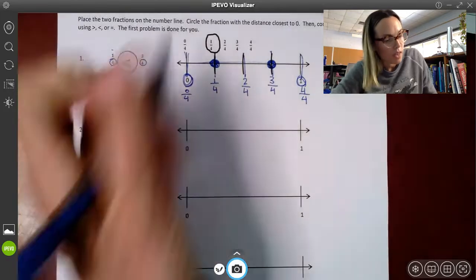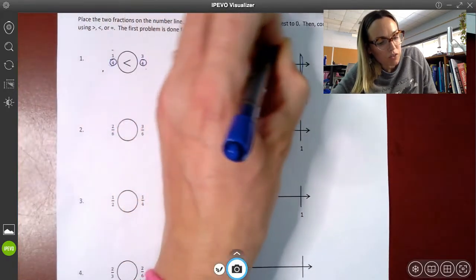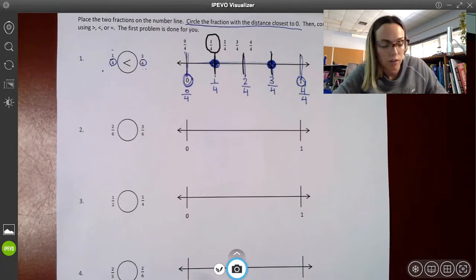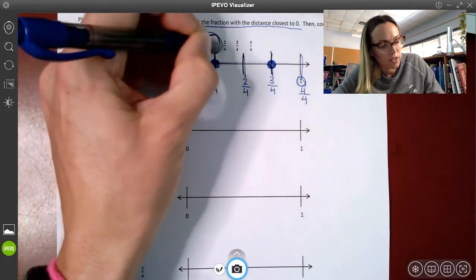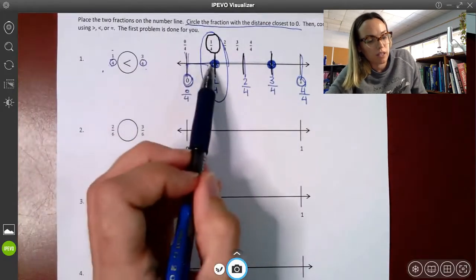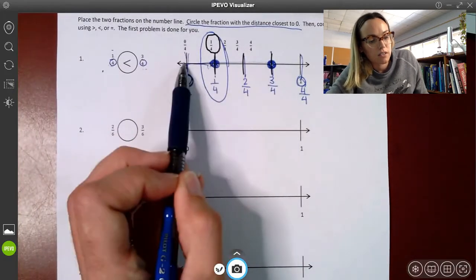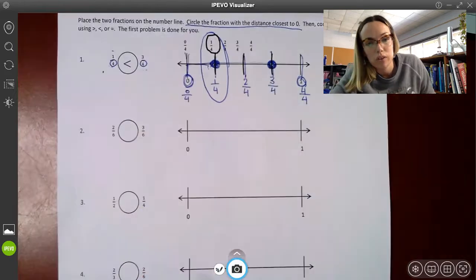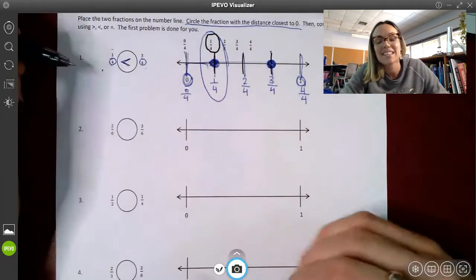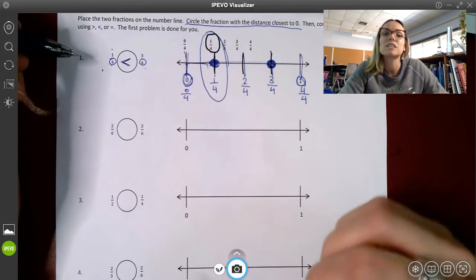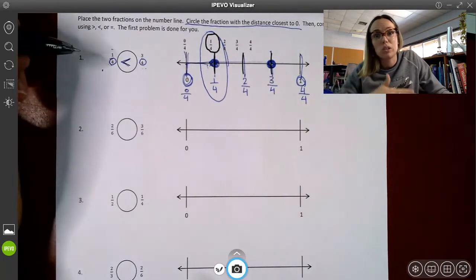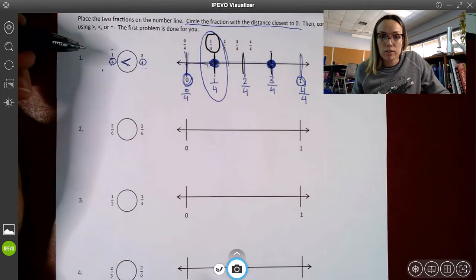So the directions here, circle the fraction that's closest to 0 because that's going to tell us what is smaller, okay? So here we see 1 fourth is closer to 0, right? The distance here is, it's closer than 3 fourths. So then we know that 1 fourth is less than 3 fourths because it is closer to 0, which means it is smaller, right? Numbers, even whole numbers that are closer to 0 are smaller numbers.